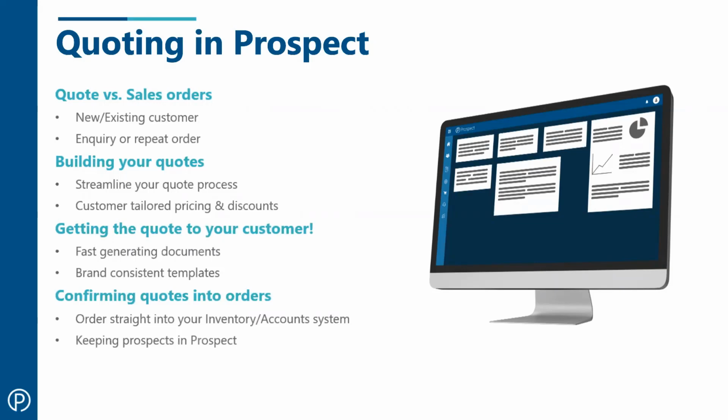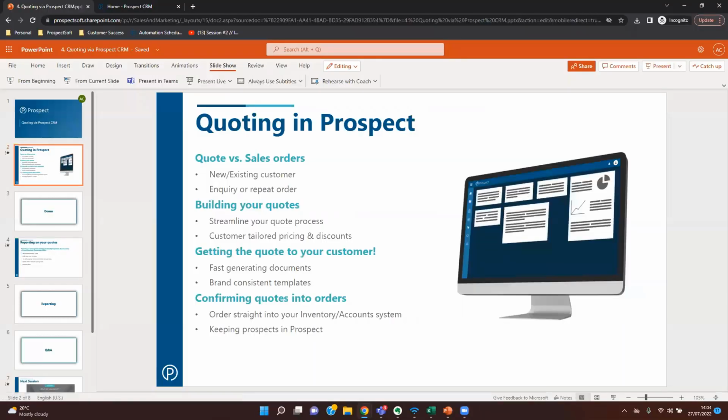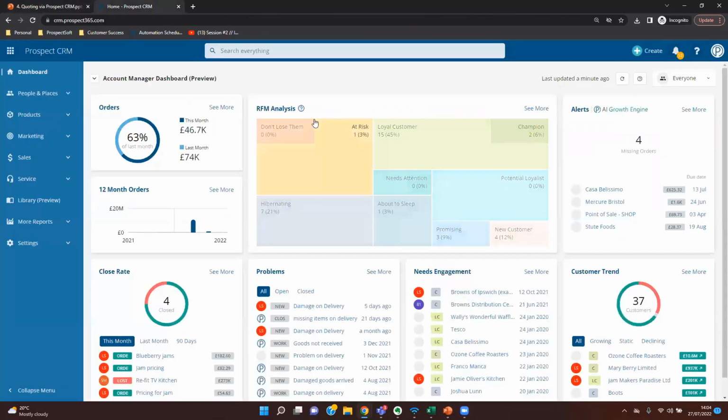So I'm going to take us over to our demo system. What we have here is a fictional company called That's My Jam. It sells jam jars and flavored jams and jam making equipment, just to set the stage a little bit.